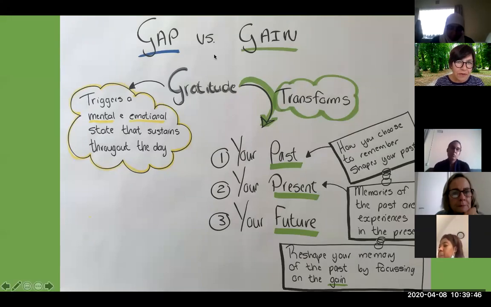And you can use gratitude to transform your past, your present, and your future. So I'm going to first talk a little bit about the past. The interesting thing about the past, of course, is that it's never that our past is unbiased in terms of how we remember it.